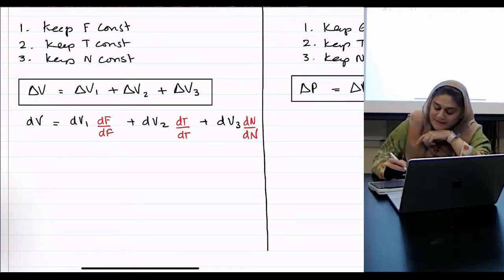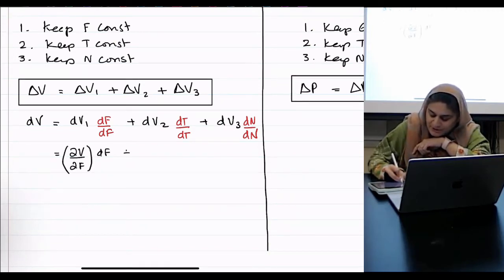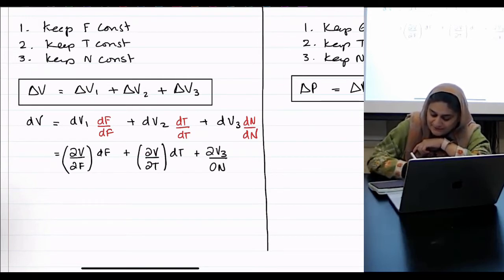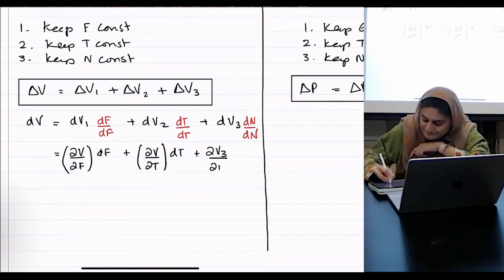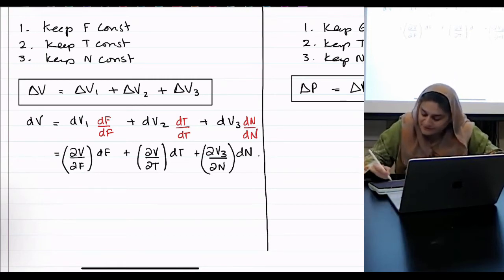Which implies I can write this as partial V over partial F dF plus partial V over partial T dT plus partial V over partial N dN. Sorry, I don't have to have the 3 in here.